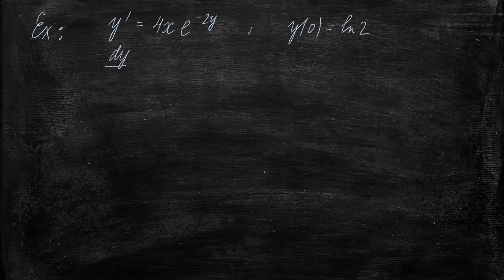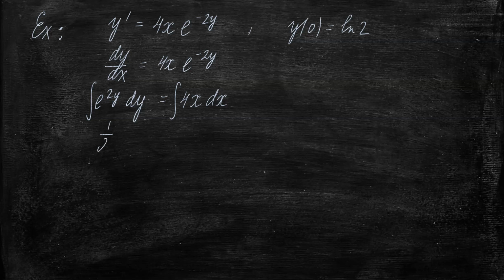So dy dx is equal to 4x e to the negative 2y, and we're going to bring e to the 2y on the left, dx on the right, and it all makes sense after we throw the integral symbols in there. And on the left we have 1/2 e to the power 2y is equal to 2x squared plus c.